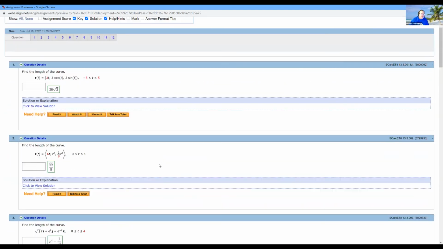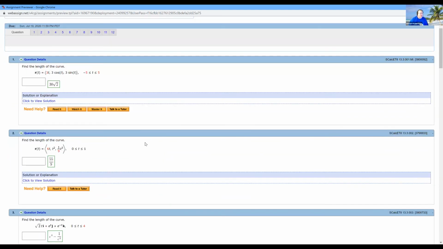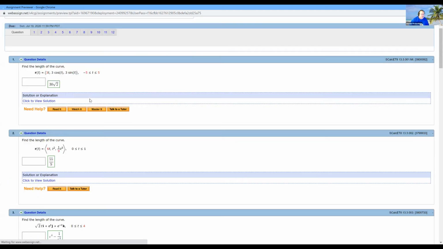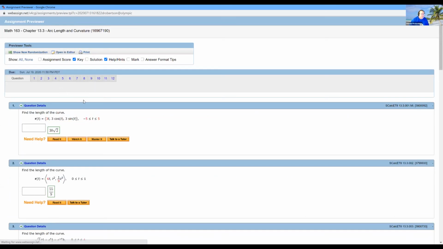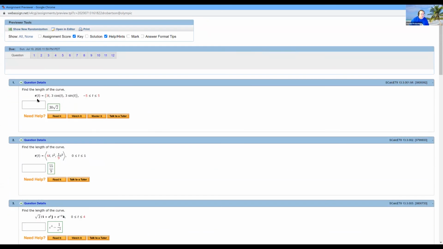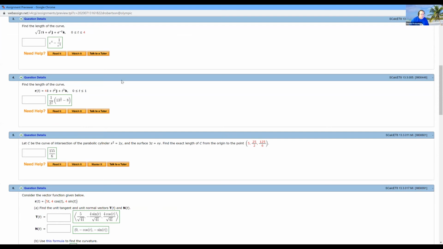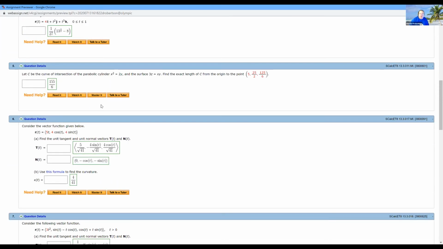Right, now I'm just going to talk us through some of these questions. Question 1, isn't that basically a, oh, those answers distract the heck out of me. Right, here we go. Find the length of a curve from -5 to 5, another arc length. Some basic arc lengths, right? Now, question 5 is a little bit different.